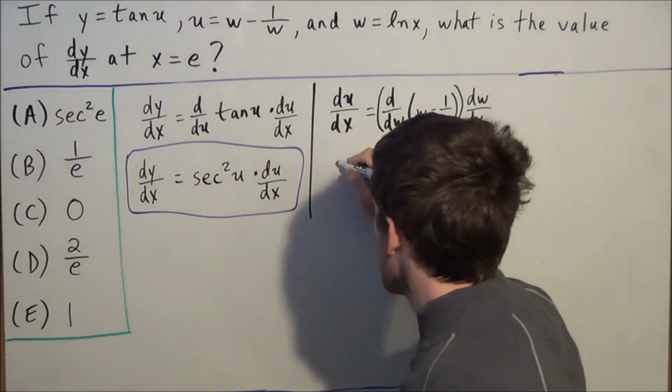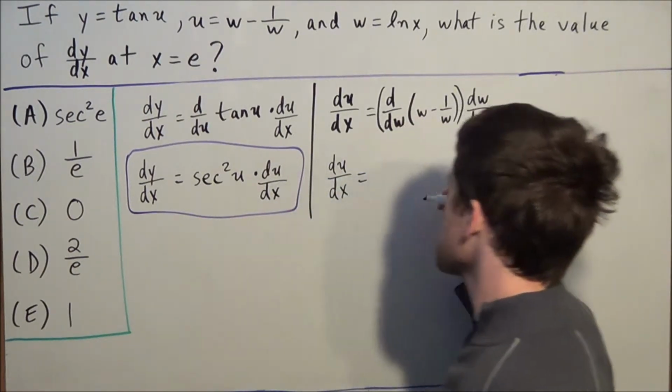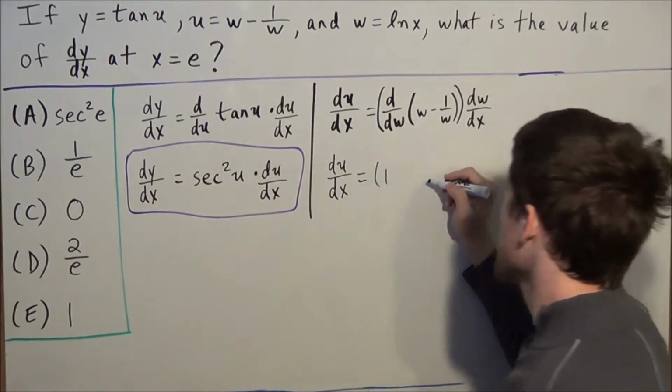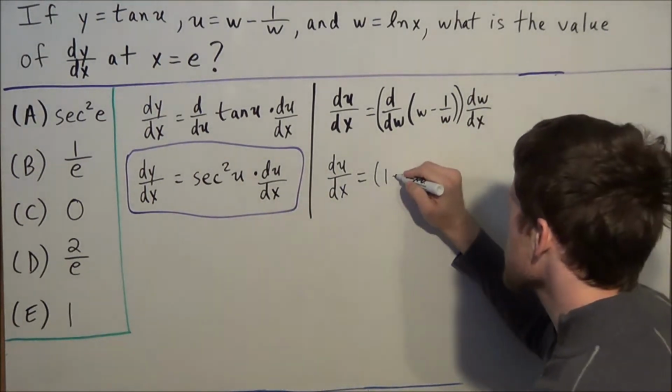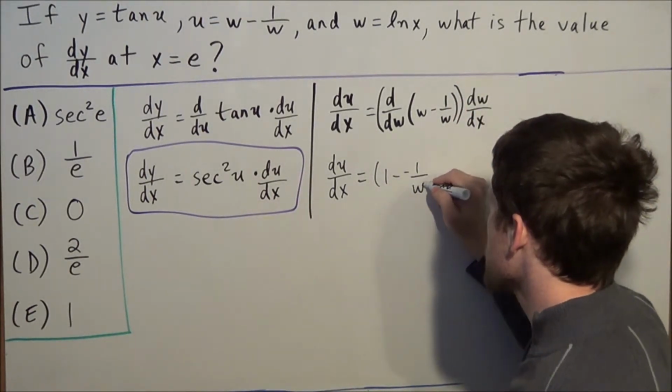So then du/dx is equal to, and the derivative with respect to w of w is just 1, and the derivative with respect to w of 1 over w is negative 1 over w squared.